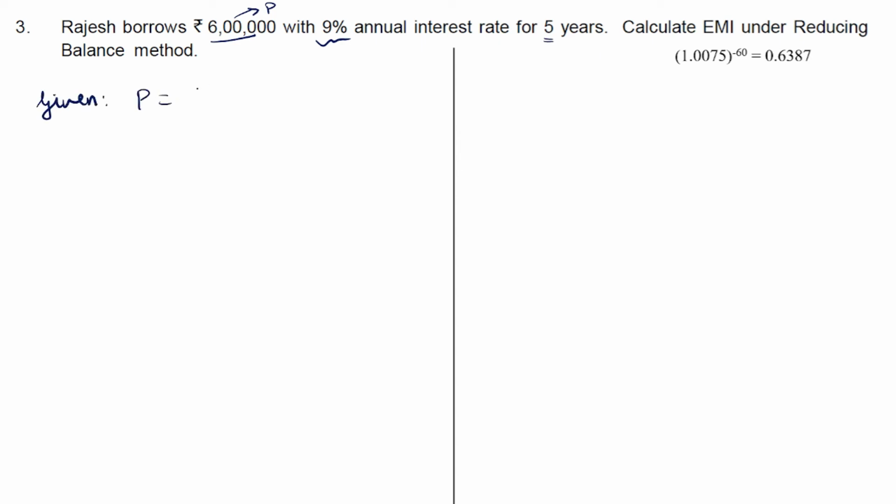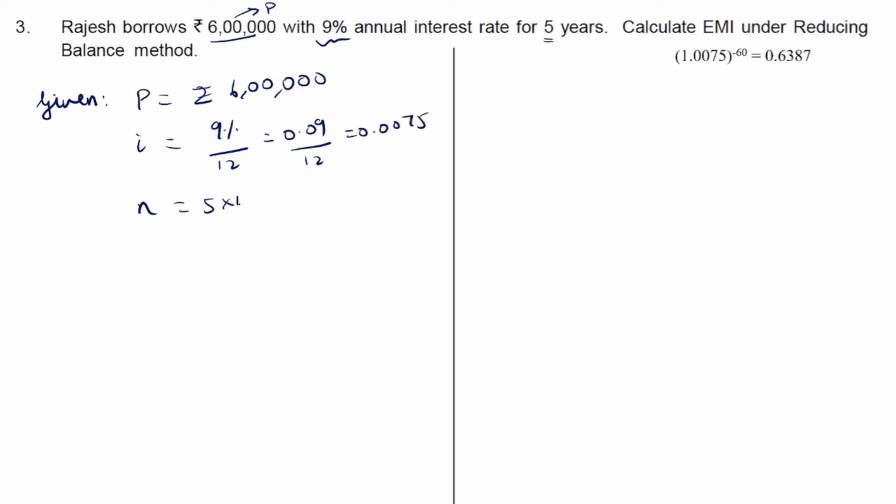Given P equals rupees 6 lakhs. I equals 9% by 12, which is 0.09 by 12, that is 0.0075. Then N is 5 into 12, 60. Now we can find EMI.